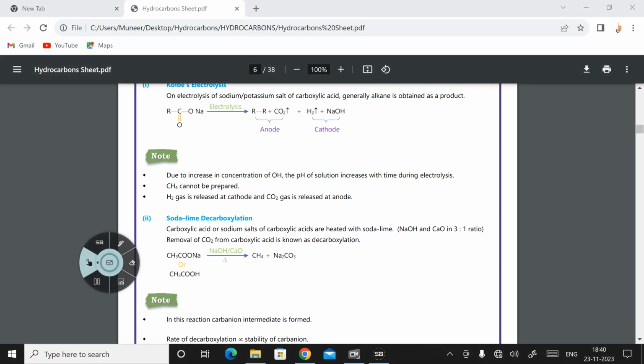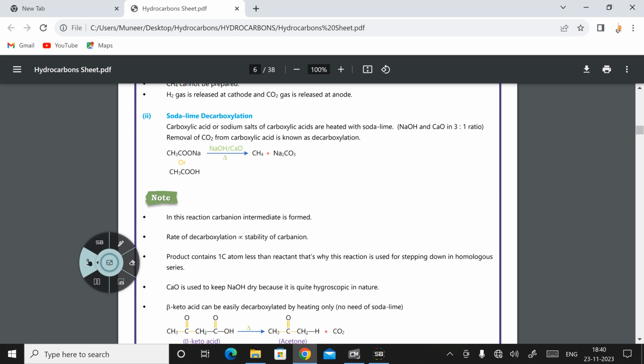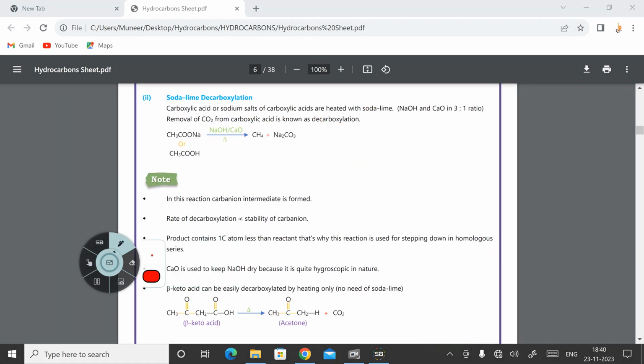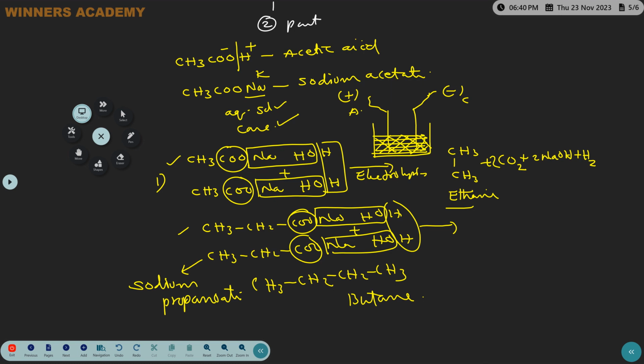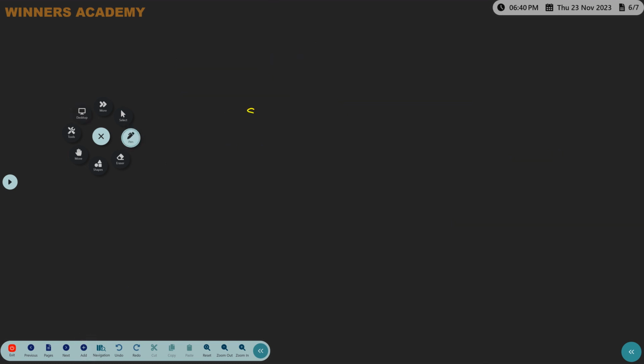Now, the next preparation method, soda lime decarboxylation. What is soda lime? Soda lime means a mixture of NaOH and CaO.